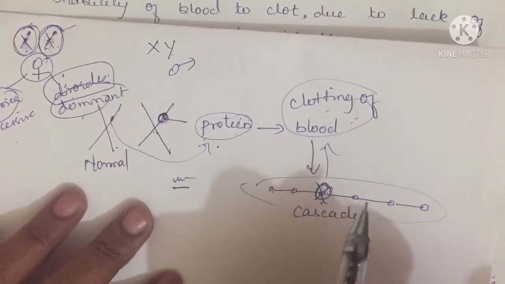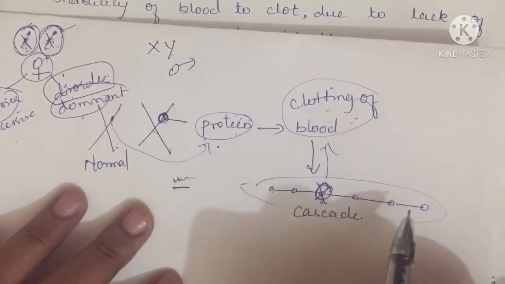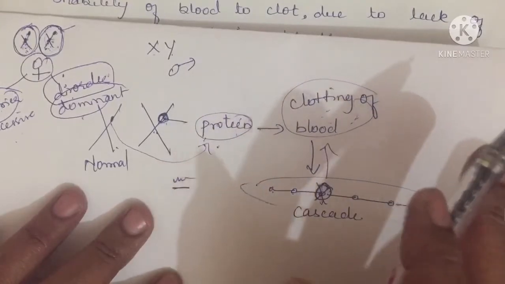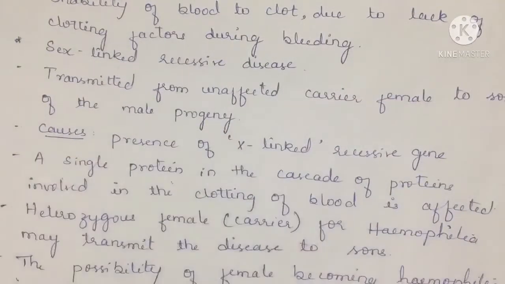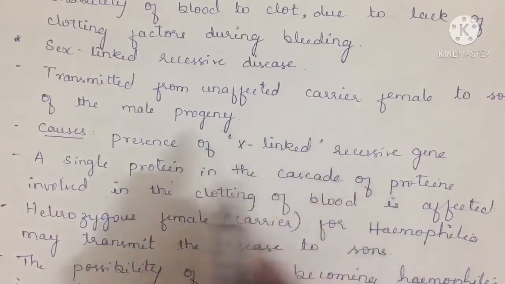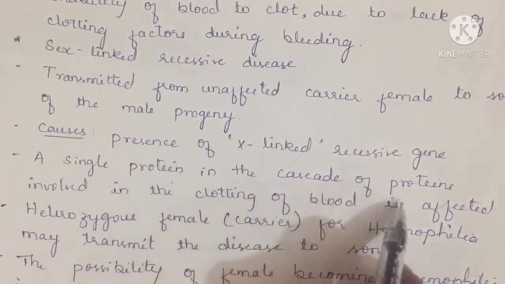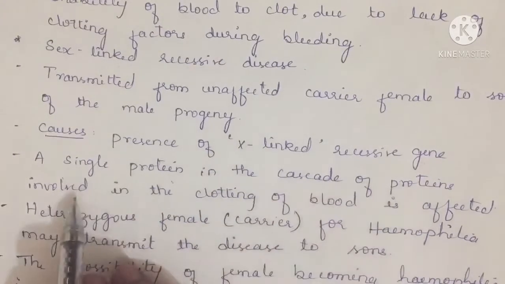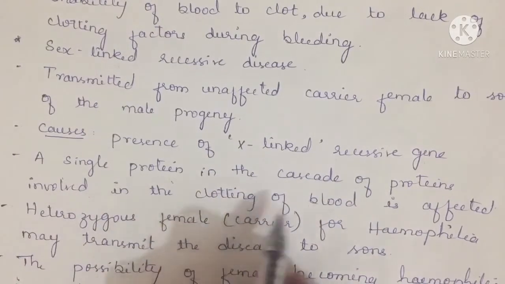Each one has one particular role. If any one of these proteins is not produced, then clotting of blood will be affected. So a single protein in the cascade of proteins involved in the clotting of blood is affected.